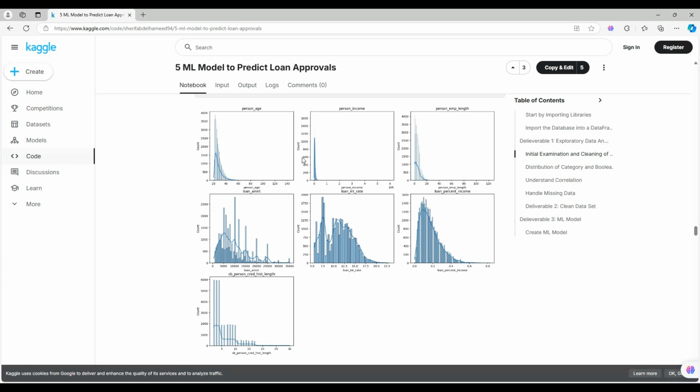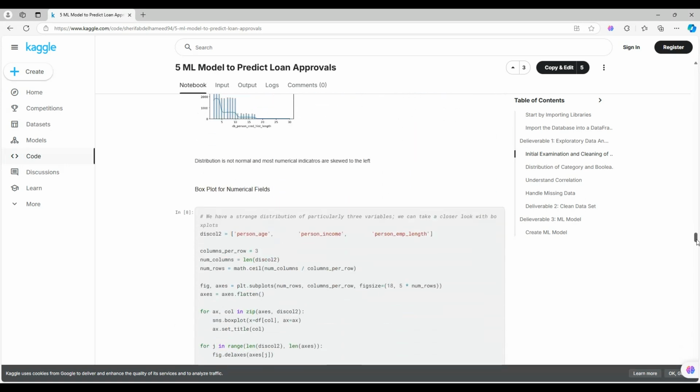Everything is, specifically the person age, the person income, and the person employment length, all of these are rather skewed to the left, and that implies that we have outliers, really significant outliers. So we can take that forward and take a look at it.